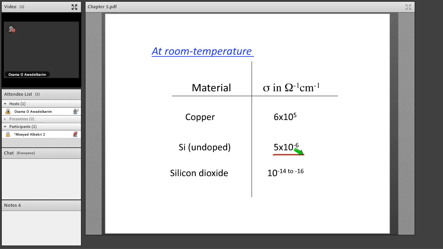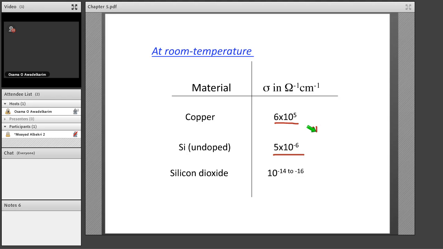It's 5 times 10 to minus 6 ohm minus 1 centimeter minus 1. But look at copper, which is a metal. It's 6 times 10 to 5. So it's 11 orders of magnitude higher in conductivity than the intrinsic semiconductor.